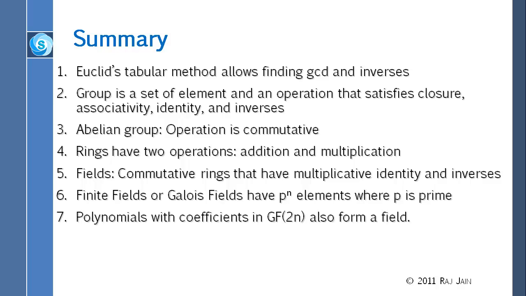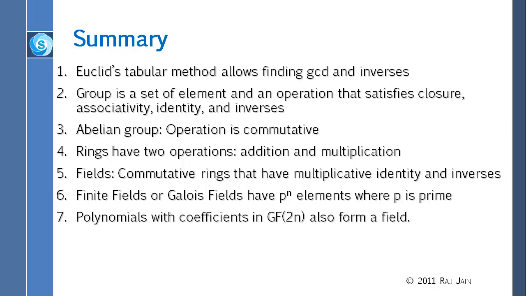Then we learned that there are groups and rings and fields and Galois fields, and the main thing is that these could be defined on polynomials or on numbers. Everything we talked about, addition, multiplication, division, subtraction, can be done in the polynomials or in the numbers.